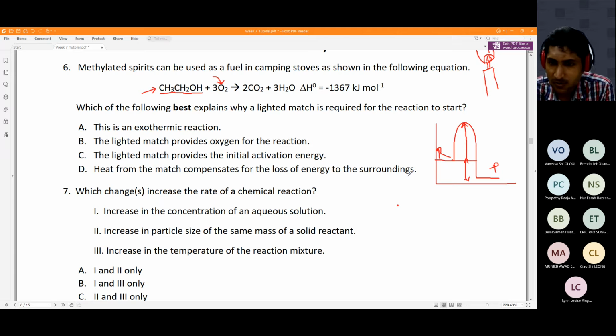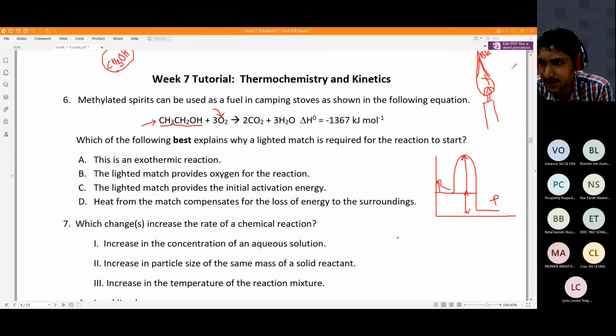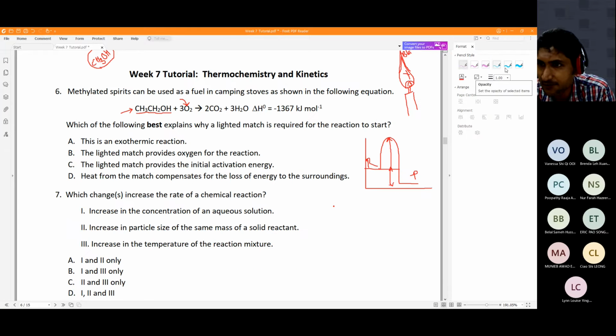Do you understand what is happening when this is a fire and we are getting the heat out of the fire? Let me take a different color. It is interesting if you understand, and I hope you will get quite a good insight.